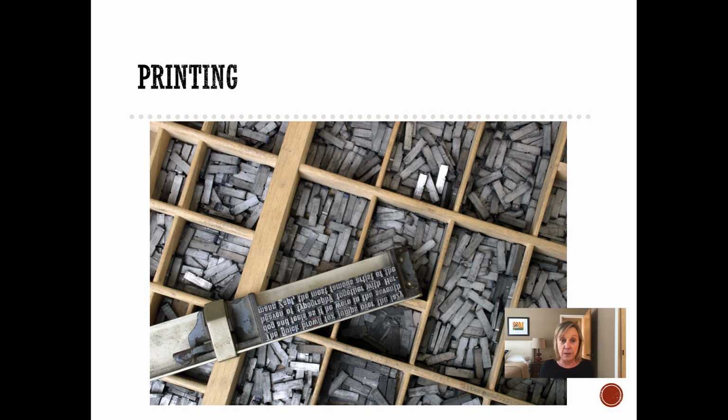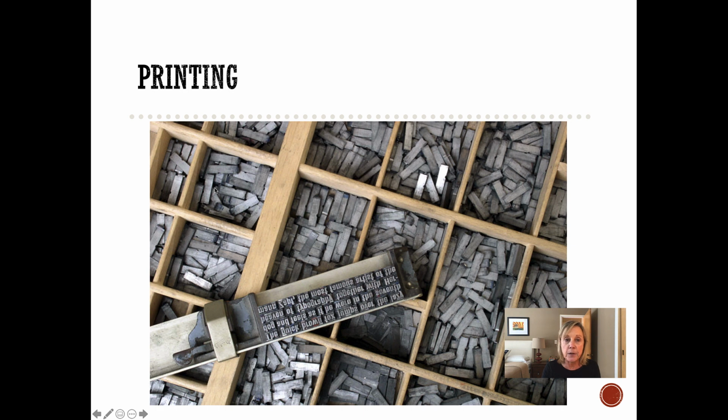So this was one of the things that made printing a skilled craft, because you can imagine what it took to be able to build something backwards, to visualize it forward reading as you're building it backwards, and also to build a page one letter at a time. This is a type box, and you can see these compartments.